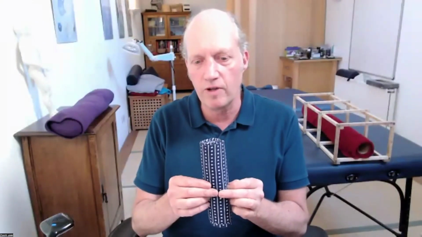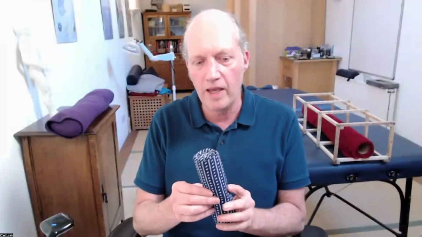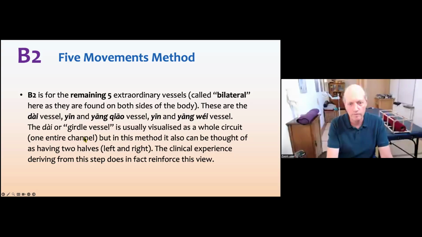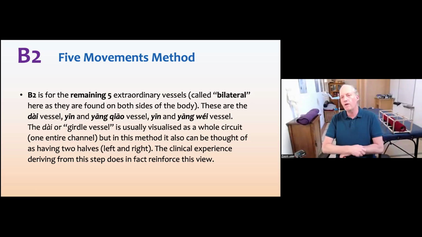And the other extraordinary vessels in this list, the yin and yang Chao and the yin and yang Wei vessels, can be found on one side or the other. Sorry, could you just repeat that? You can find them on one side or the other. Thank you.